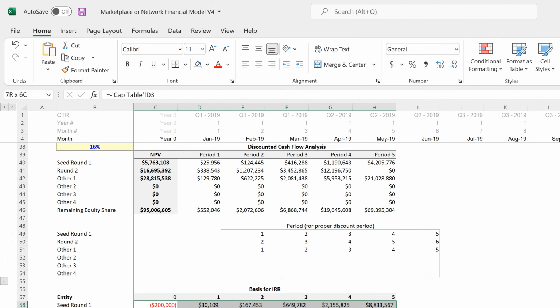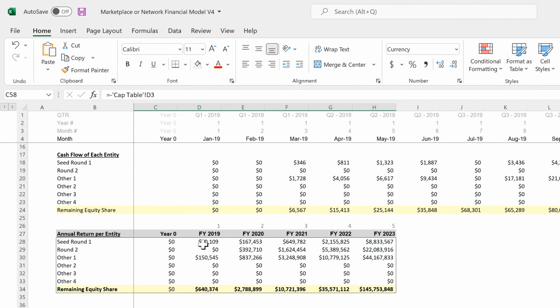So 297.58, and we have a total of 296.167. Wait, let's do this one. 295.986.